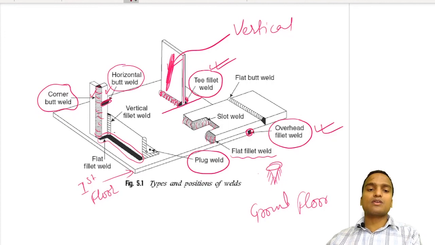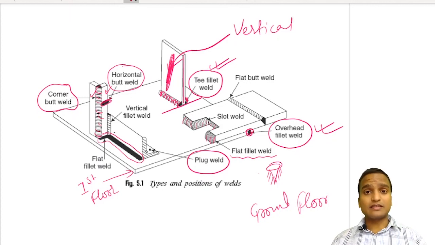Okay, so there are different types of welds, and we can understand it by common sense also. So we will be discussing the design procedures of fillet welds and butt groove welds in the coming videos.